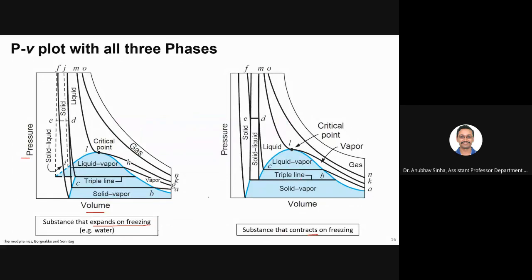So there is a slight difference between these curves. Let us first focus on this. We have the solid-liquid interface here. We have solid here, we have liquid here.